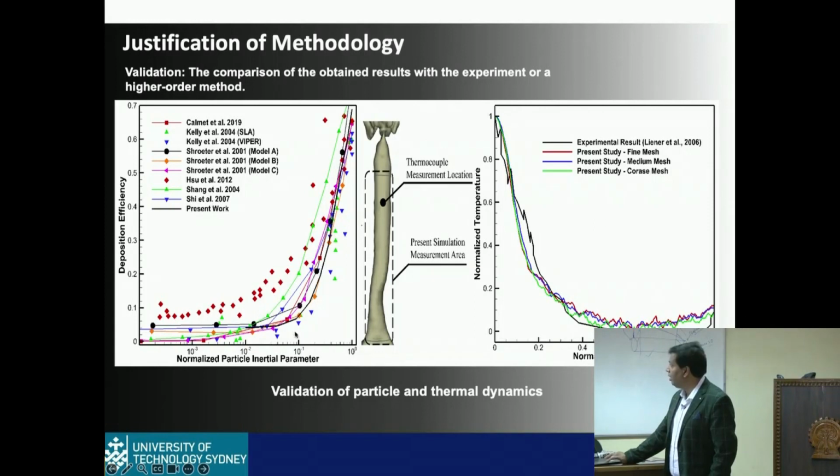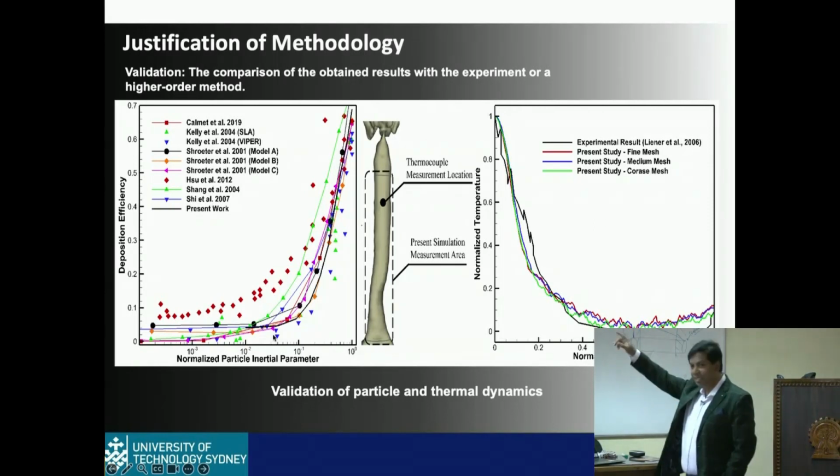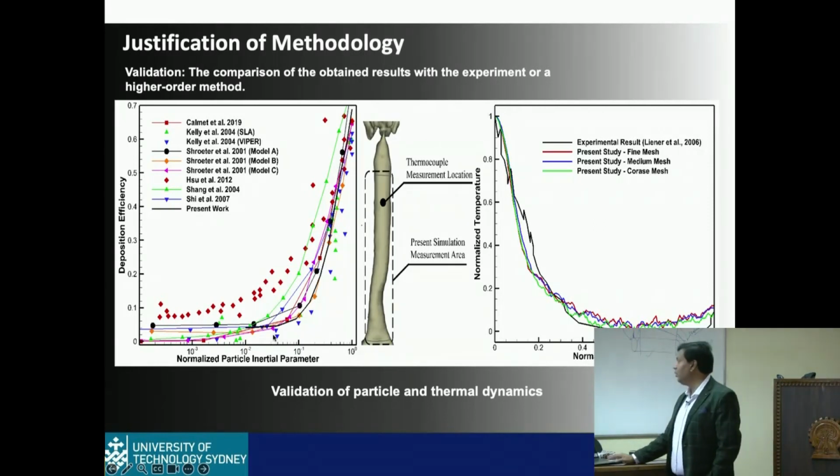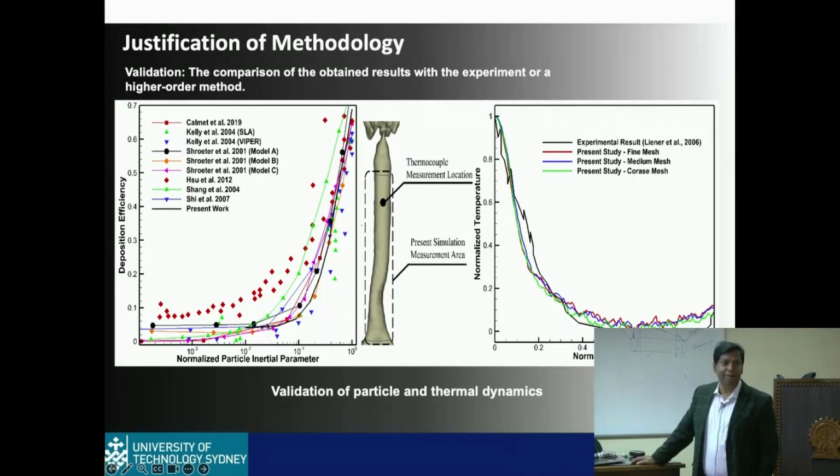So we see it is in the range, between the upper limit and the lower limit. In that way we also validate our models. This is the maximum validation we can do for the lung.